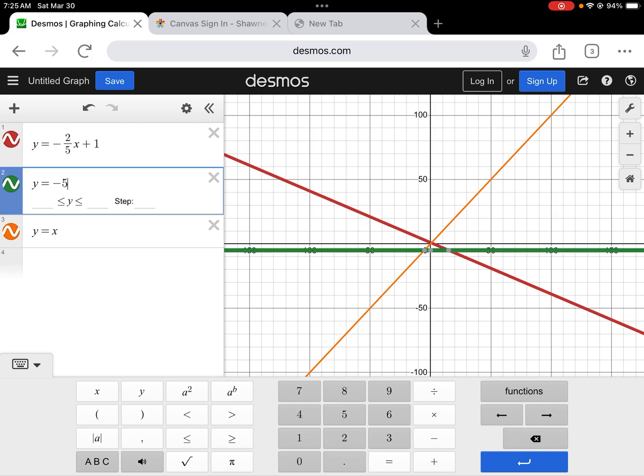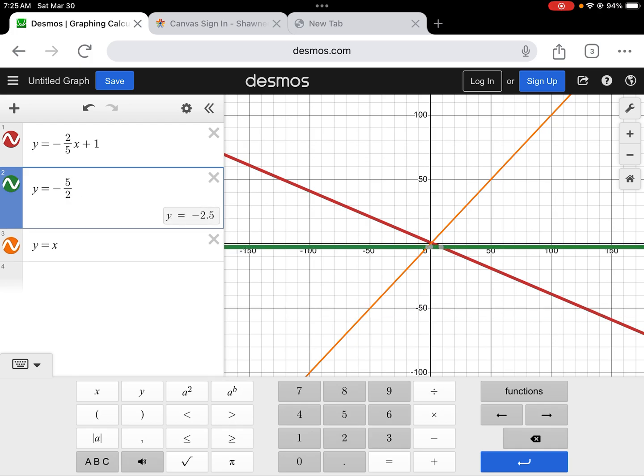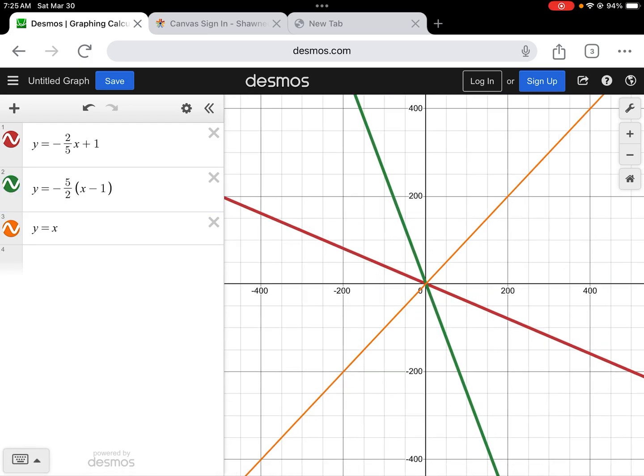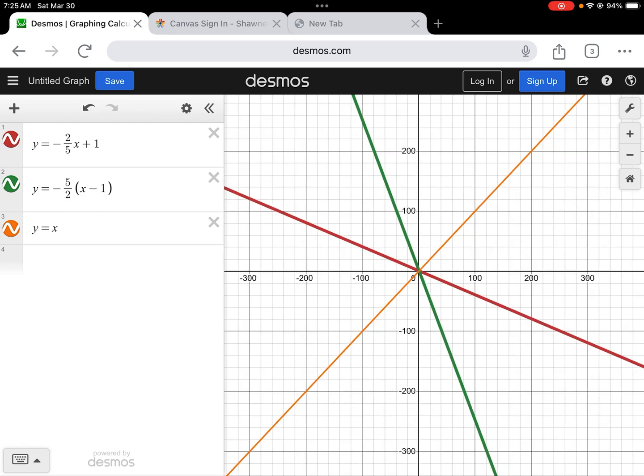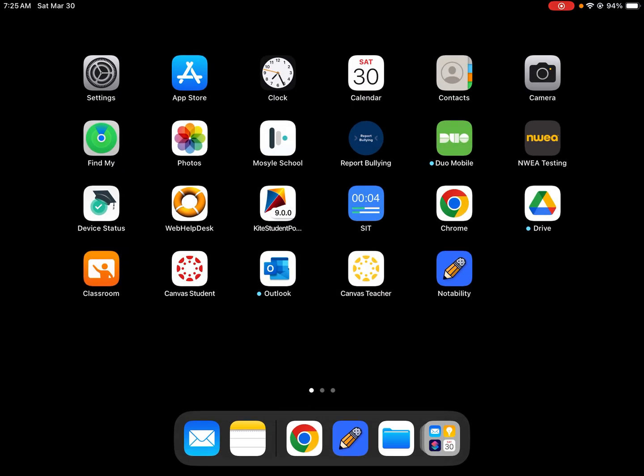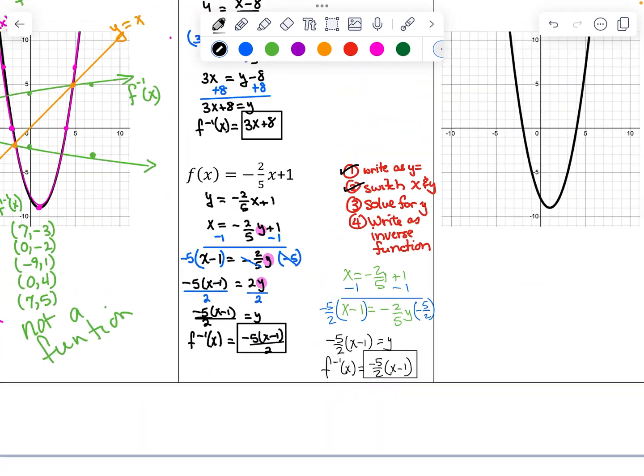Whoops, I forgot the division symbol. Negative 5 halves x, was it minus 1? Minus 1. And yeah, there it is. And if you fold on the orange line, the green line would land on the red line. So, cool, cool.